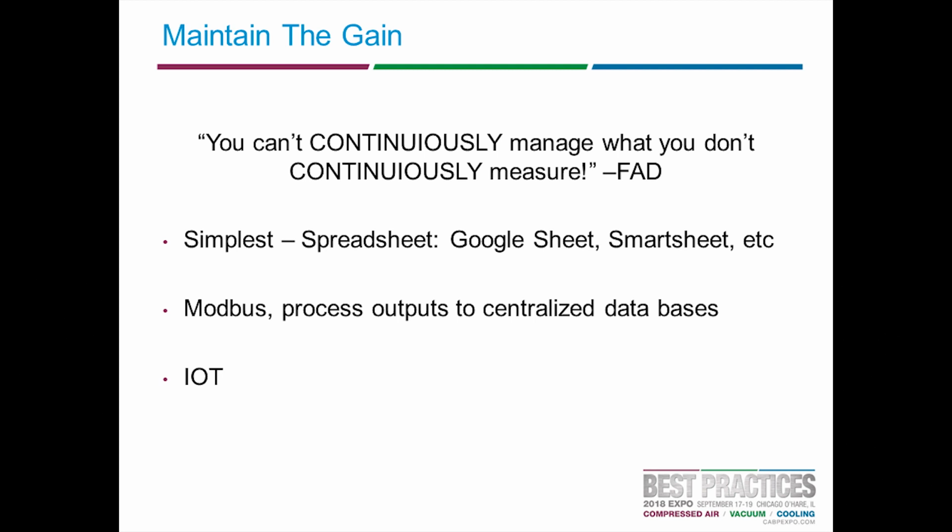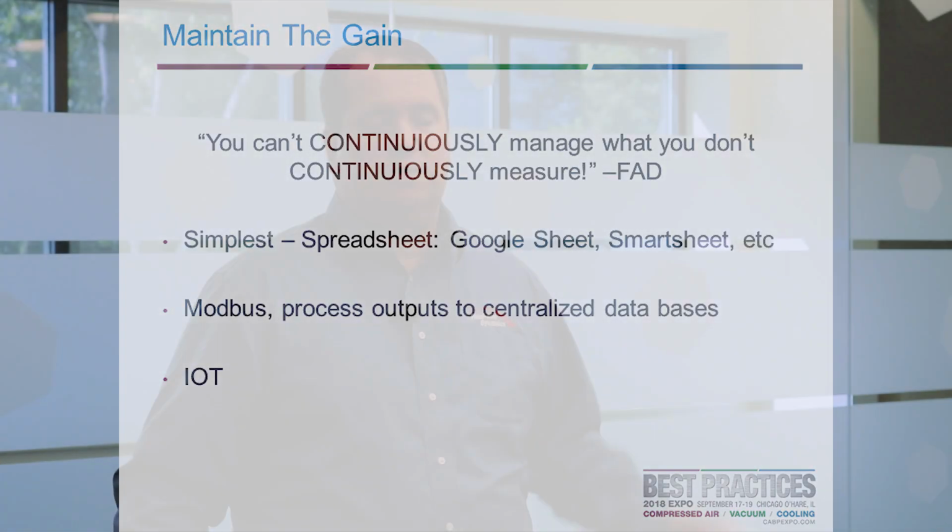The simplest form for managing your compressed air consumption is recording daily values at a certain time of the day, break time, lunchtime, shift changes, as to what the rate of consumption is from the mass flow meter in the compressor room, and record that on a spreadsheet, a Google sheet, a smart sheet, something that's collaborative is the best form so that everybody's in the know real time.